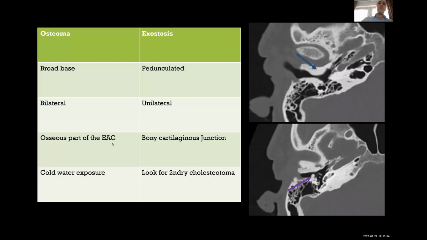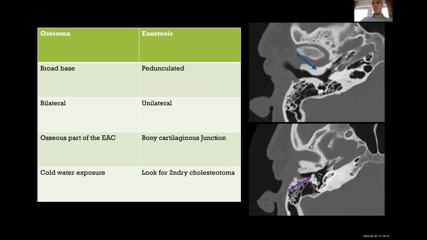Here it is, osteoma broad-based. Here it is broad-based, and the exostosis is pedunculated. I think there is a reversal between each other because there's a broad-based one. Here it is, this is surfer ear, this is osteoma, and surfer ear is bilateral and osteoma unilateral.